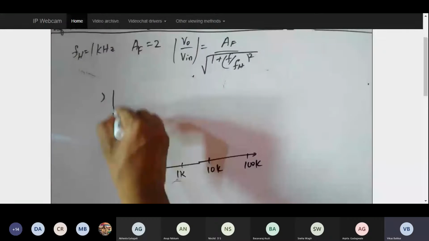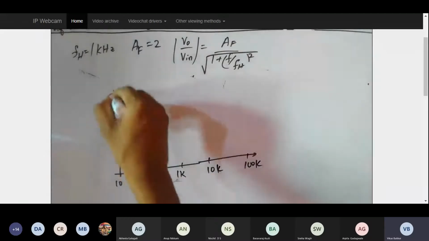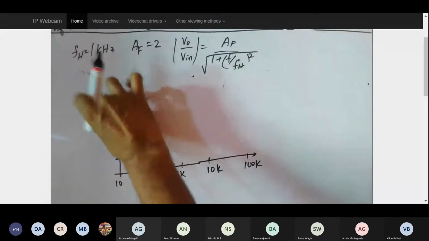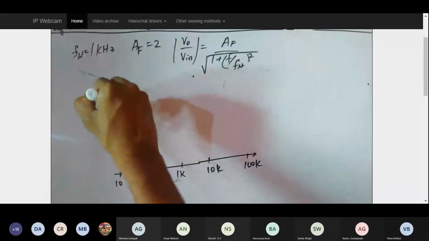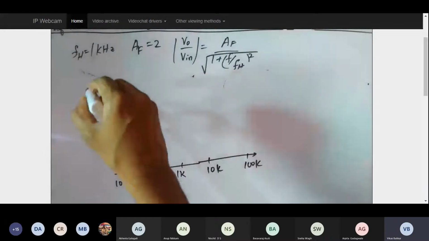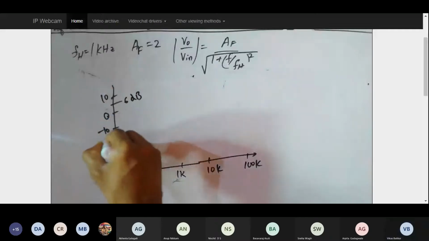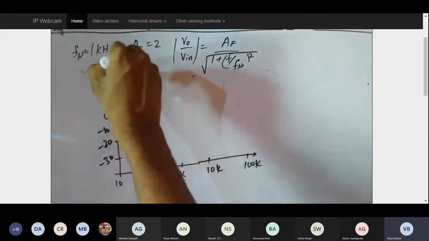My initial first value was for 10 hertz. For 10 hertz, what was my gain? For 10 hertz, it was 6 dB. So I'll start with 6 dB here. This will be 10, and below that again 10 fold, 0, minus 10, minus 20, minus 30. So this is gain in dB.